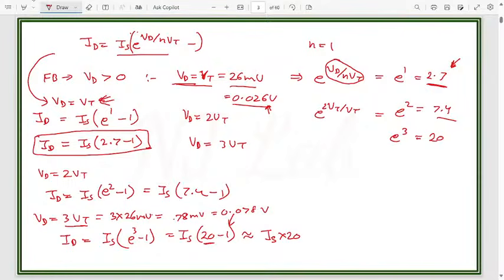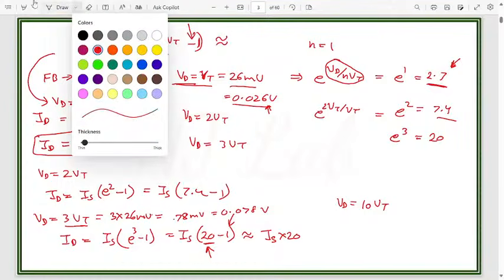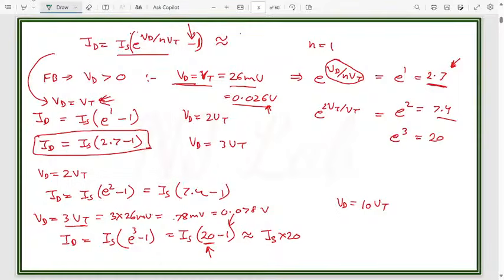So you can imagine when Vd is equal to 10 times Vt, then this term e power 10 will be very high, right? So simply we can ignore the minus 1 from the equation. So for the forward bias, we can approximate our equation to be Is e power Vd upon neta Vt.